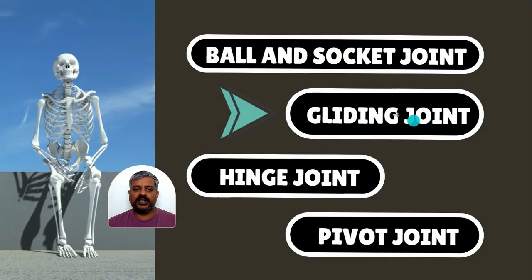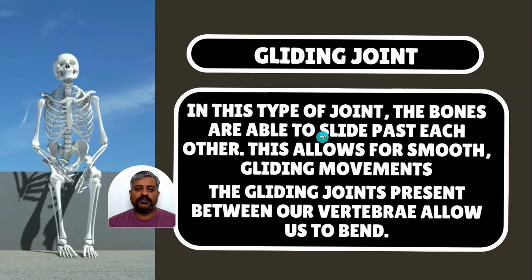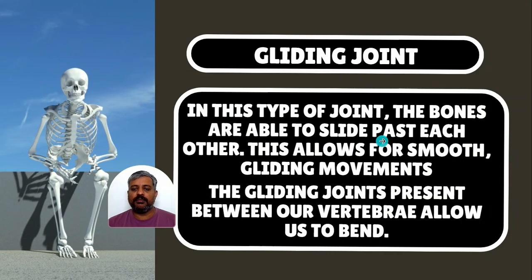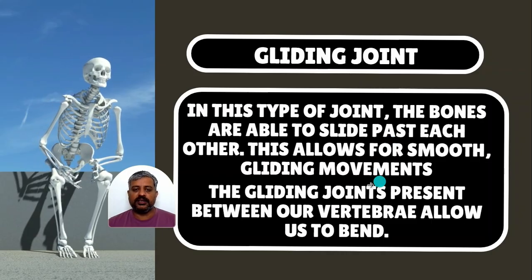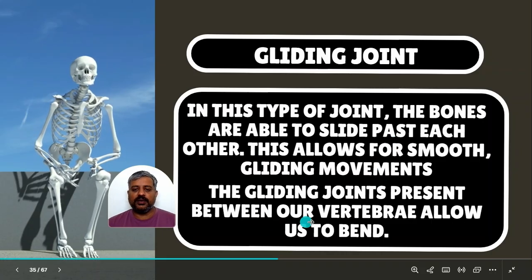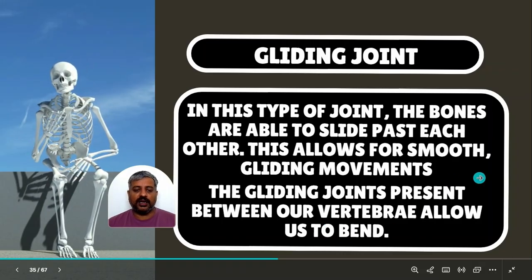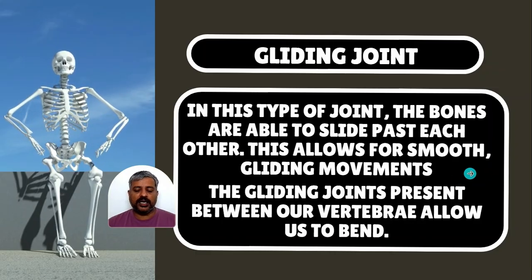Moving on to the next, now we'll study the gliding joint. In this type of joint, the bones are able to slide past each other. This allows for smooth gliding movements. The gliding joints present between our vertebrae allow us to bend. So this is how we bend our backbone, and we are able to bend down.